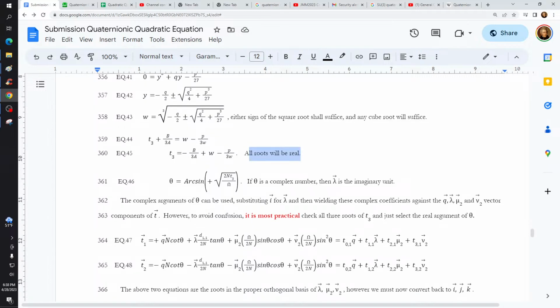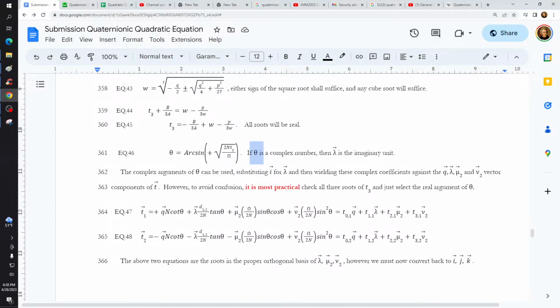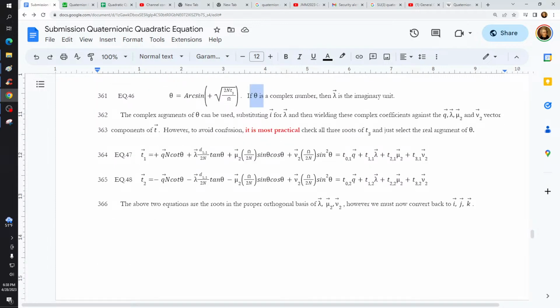Technically, all roots work and give you the exact same result, but that's beyond the topic of this video. And then theta equals arcsine of the positive square root of 2n times the real cubic root over omega. I explained in this paper what to do with the other roots, but we're not going to go into that here because it's most practical to take the real argument.